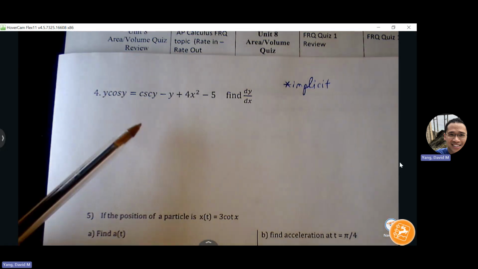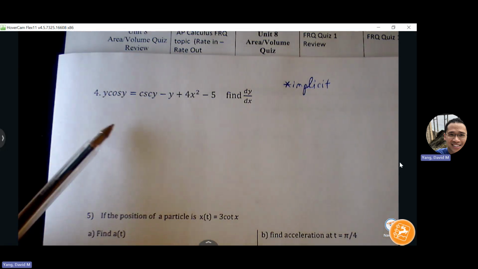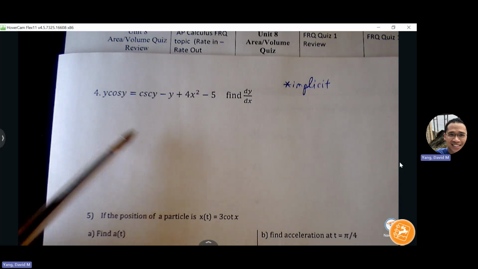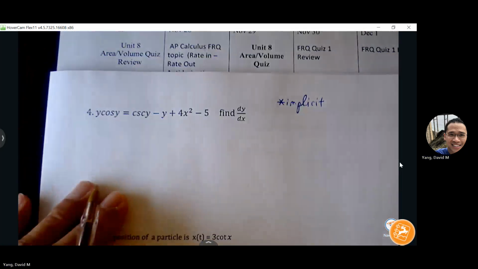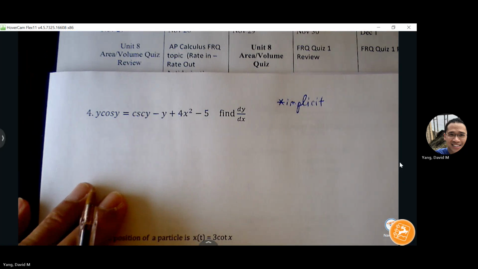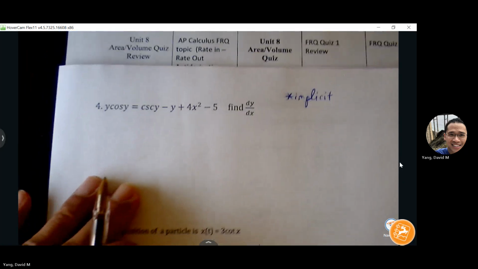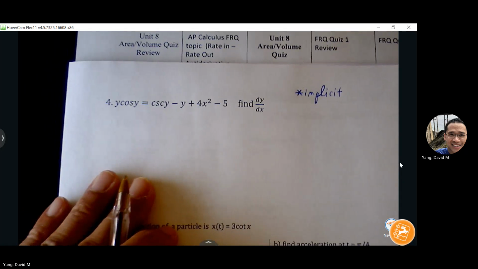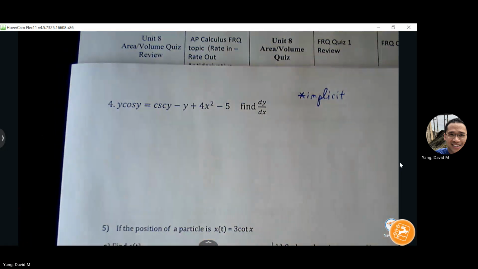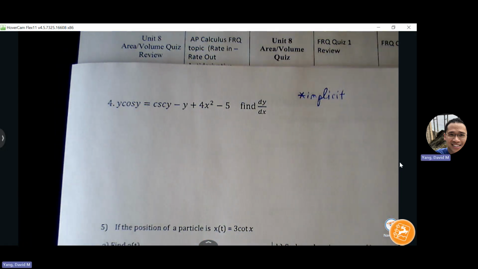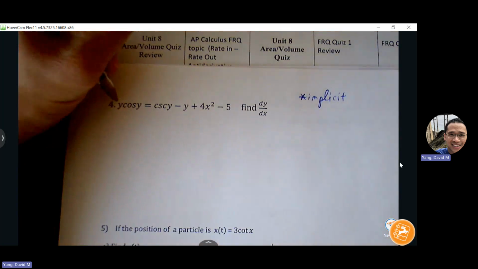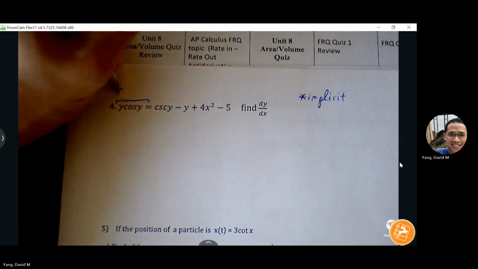Now we don't know how many y's are going to be in our derivative, but we do know how many dy dx's will be in our derivative. Okay, what else do you see besides implicit? Product rule. Do you see that? y cosine y, those are two separate terms there.